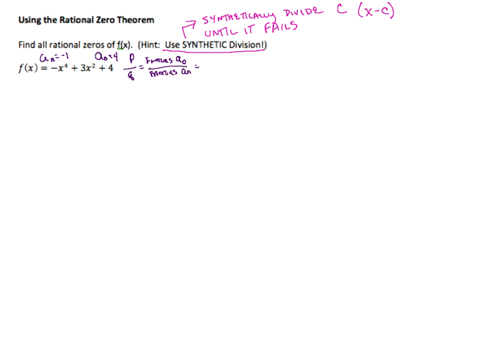So for a sub 0, all the factors of 4: we have positive and negative 1, positive and negative 2, and positive and negative 4. Factors of a sub n, we just have positive and negative 1, which makes it nice. That means when I do this division here, the only possibilities for the rational zeros for this function are positive and negative 1, positive and negative 2, positive and negative 4. So I have narrowed the playing field from infinitely many possibilities to 6.